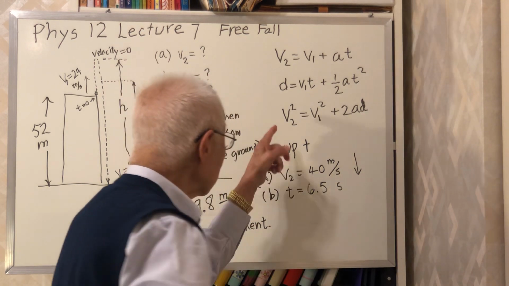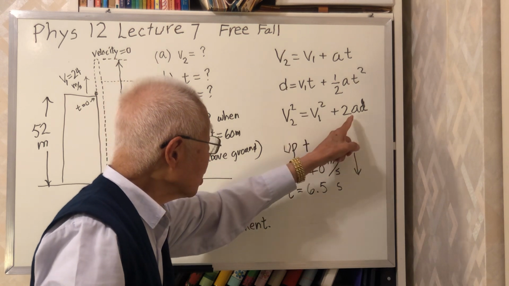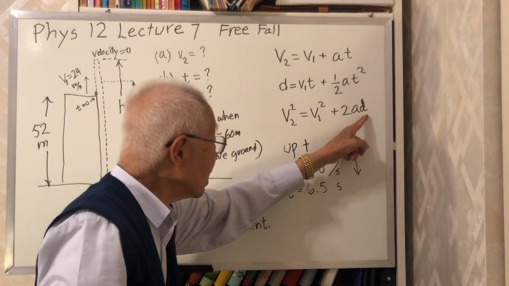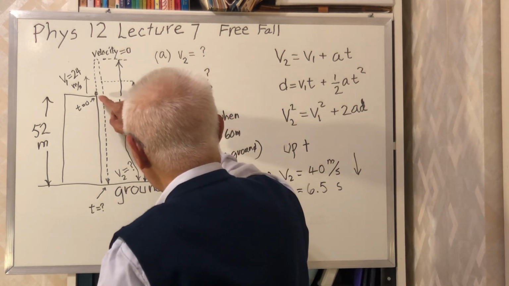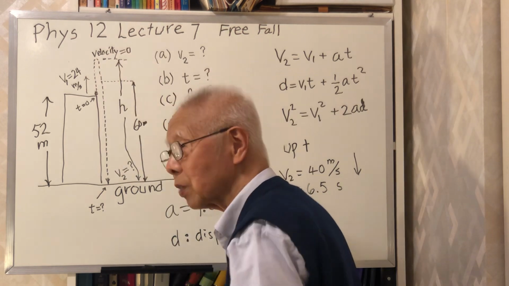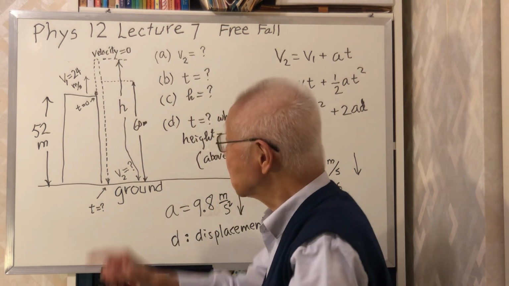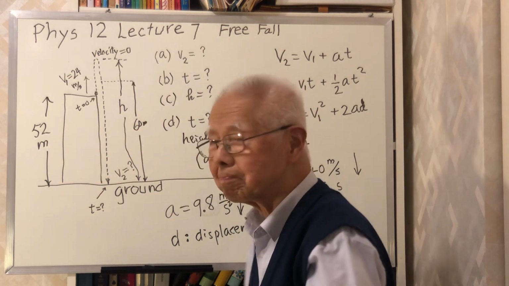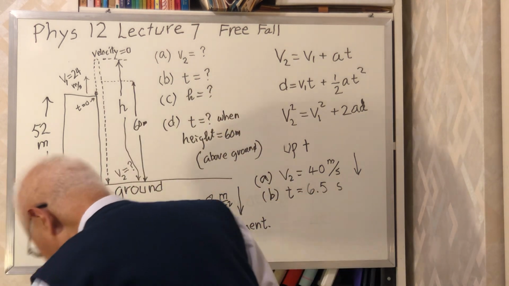So this is 0, this is 24, this is negative 9.8, and then you can find the D. This D is from this point to this point. Understand? Once you have the D, add 52, you get this height. That's part C.